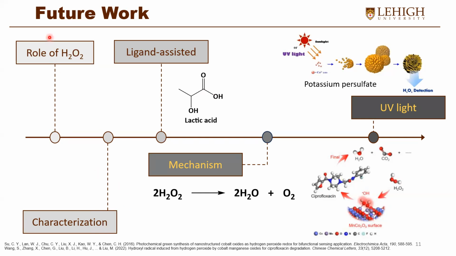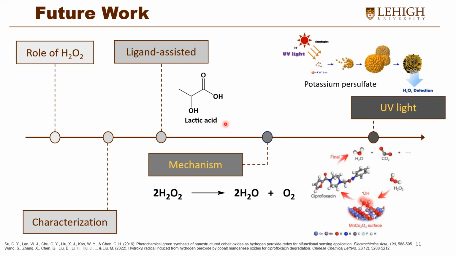Besides continuing to study the cobalt oxide, I think we can still use ligand assistance to address the morphology of the nanoparticles. Previously, our group published using lactic acid to address the morphology of the cerium oxide.